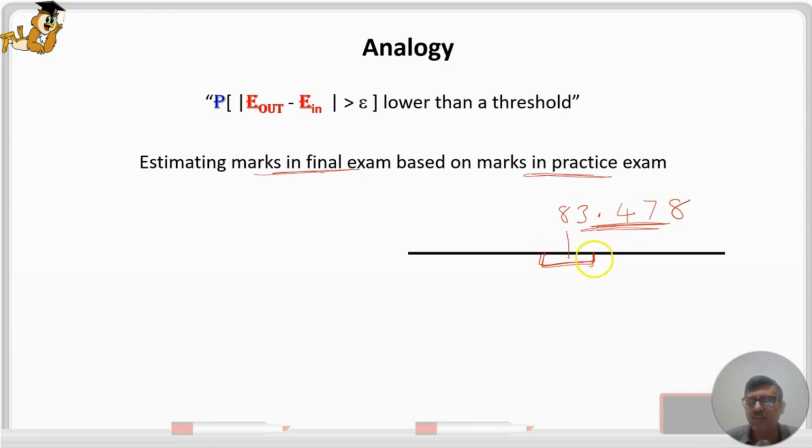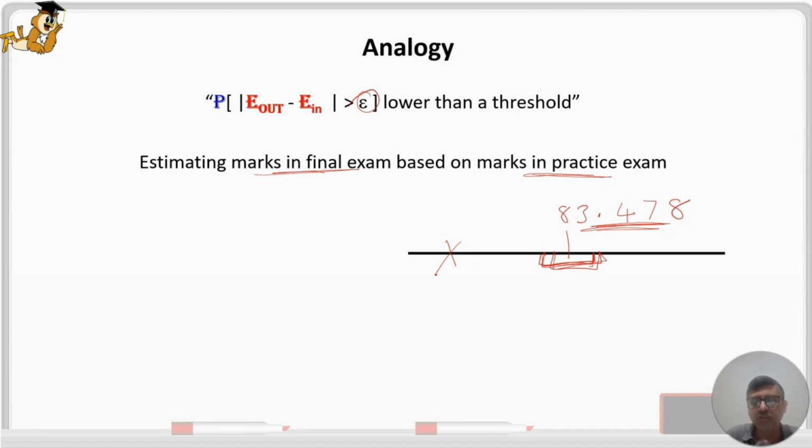The size of this interval will be specified by somebody else. That's the epsilon in this equation. But is it possible for you to guarantee with 100% surety that his final exam marks will be in this range? And the answer to that question is obviously a no, because he may have a bad day and end up somewhere over here.